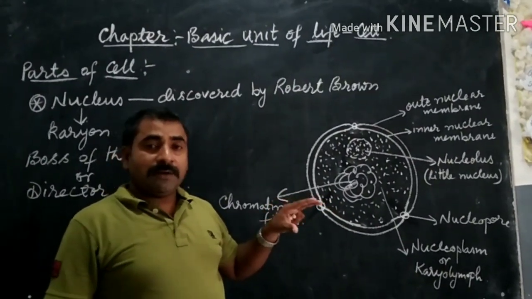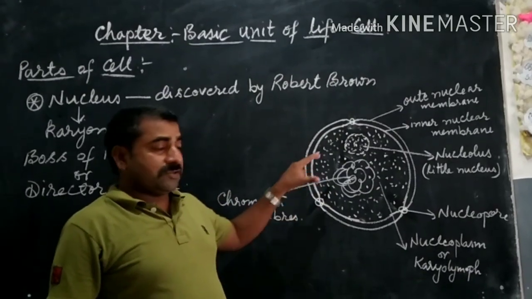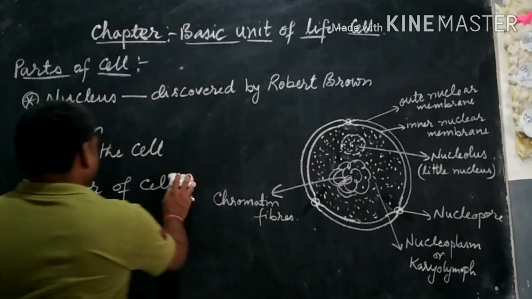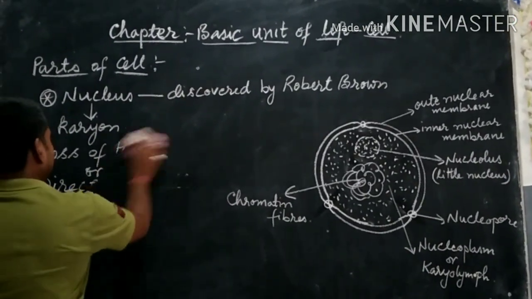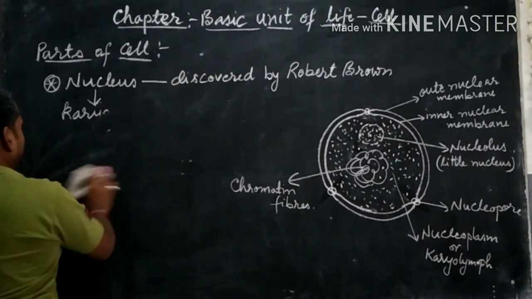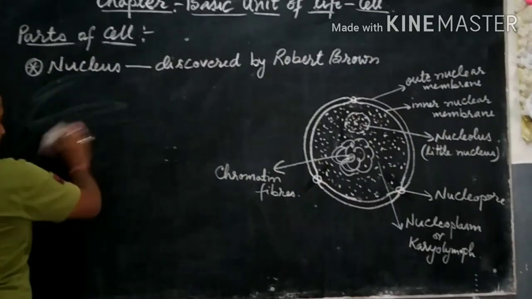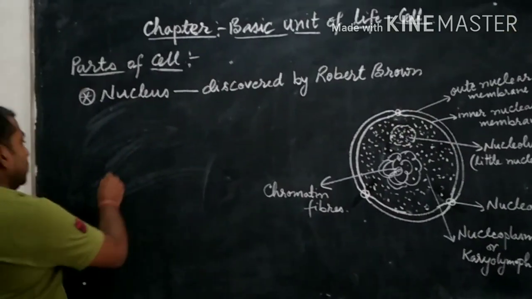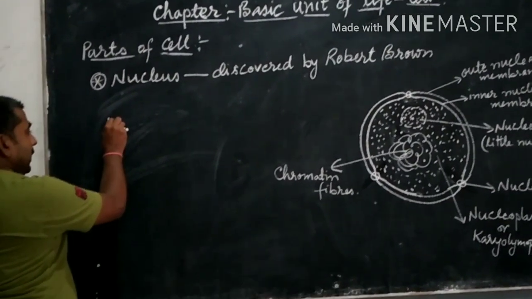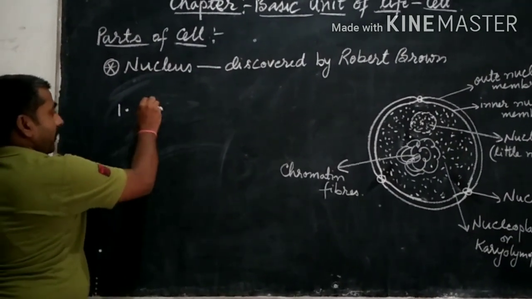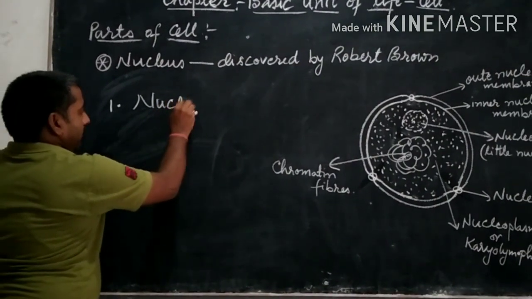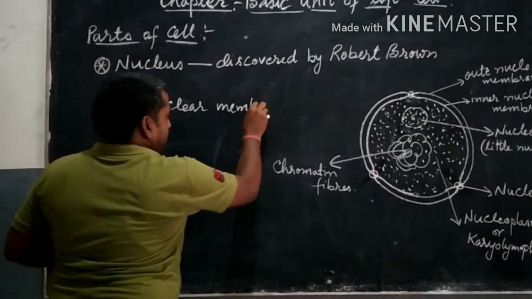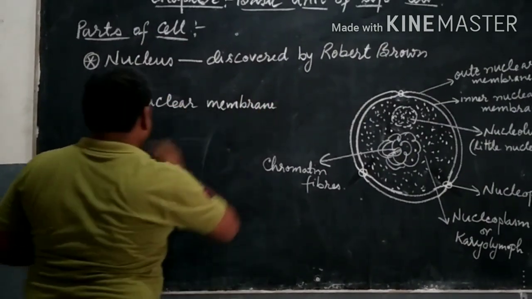So when an ultra microscopic structure of nucleus is observed, we find that the nucleus is made up of five parts. Nucleus consists of 5 parts, and these parts are: the first one is nuclear membrane.